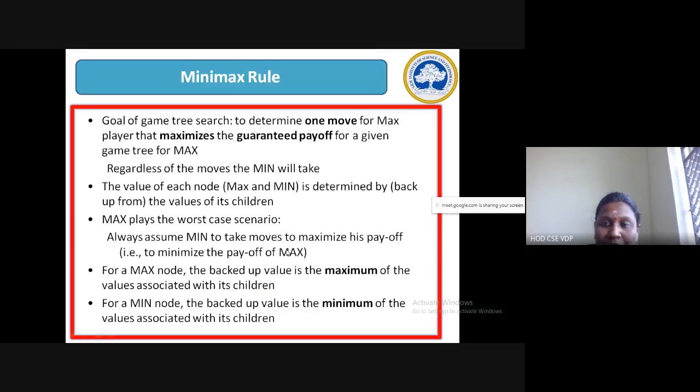You have to move in such a way that you maximize your payoff, and the other person plays in such a way that it minimizes the gain of the other person's strategy. Okay, so this is what is called your game. And what is the backup value? For a max node, you have to choose the maximum of the values associated with its children, and for a min node you have to choose the minimum of the values associated with its children. That is your min-max tree.